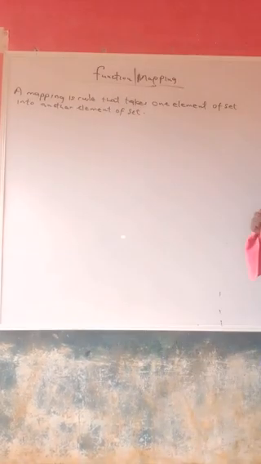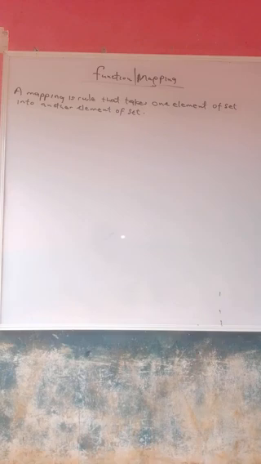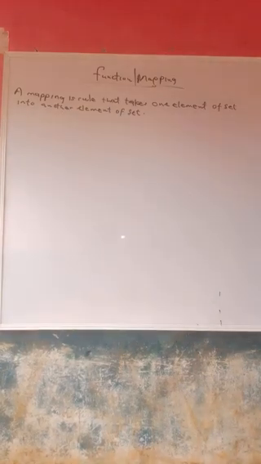Alright, I said a mapping is a rule that takes one element of a set into another element of a set. You can also say that it's a relationship between two variables. In this video I will be making use of variables x and y.